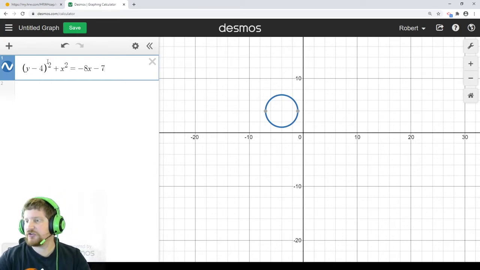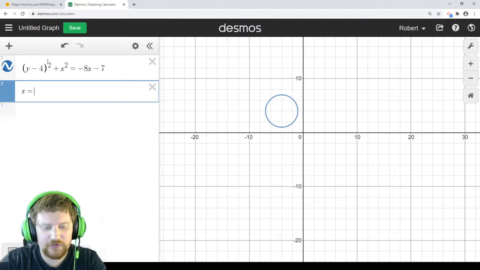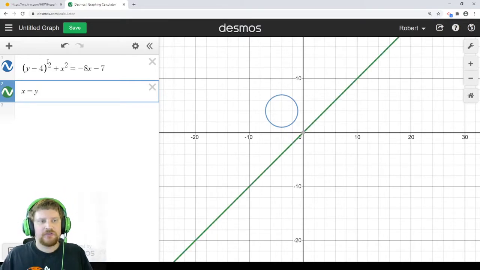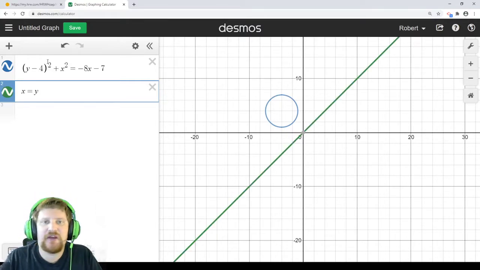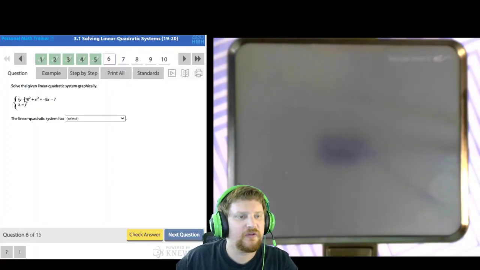So this is a circle, and x equals y. So we have a circle, and we have a line, and they don't come anywhere near each other. So because they don't come anywhere near each other, when we come over to this, we're going to have no solution.